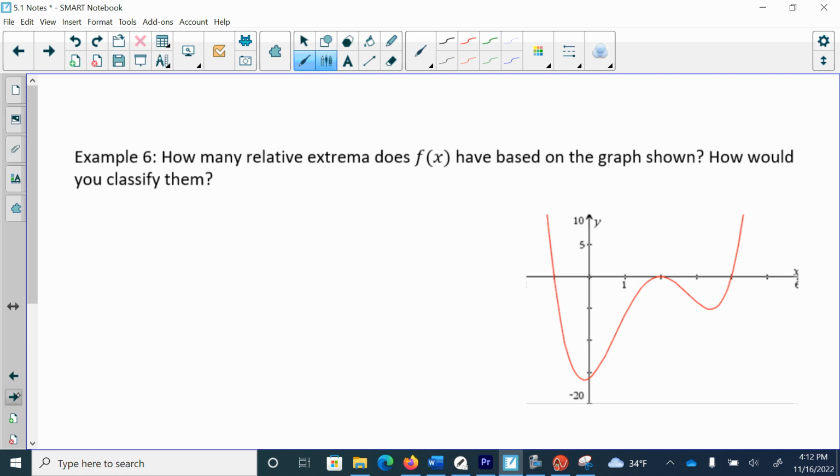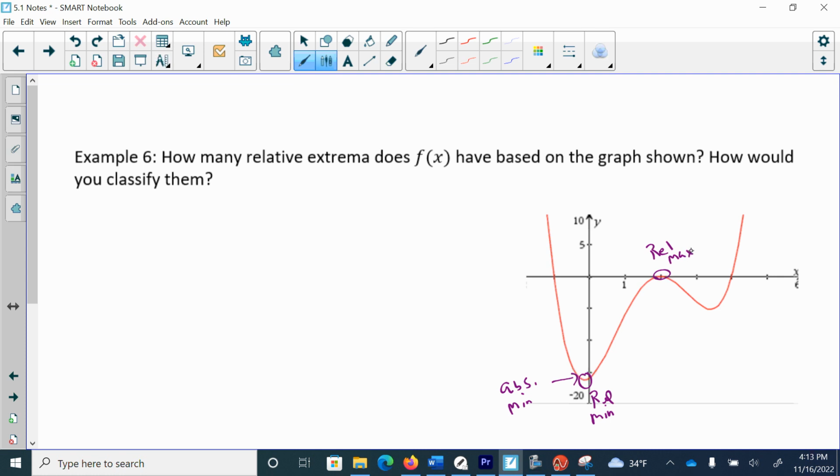So I'm going to assume, well, I have this point here, which I'm going to call a relative min, but it's also the lowest point on the graph, so I'm also going to call it an absolute min, because that's the lowest point I have. This point here, I'm going to call a relative max.